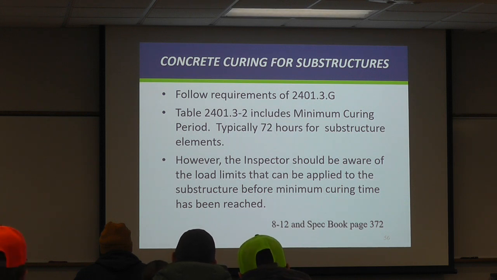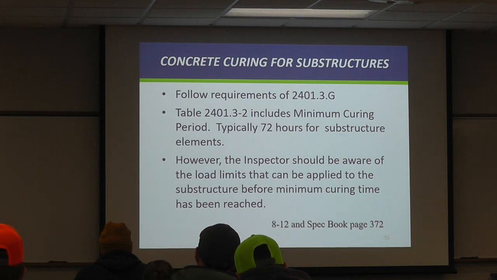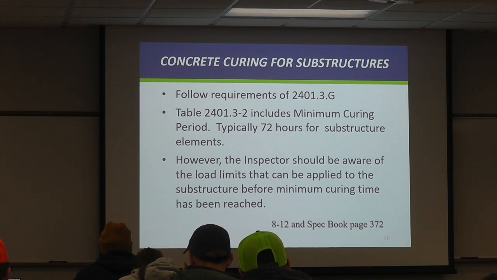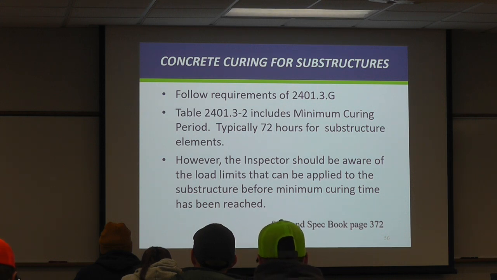We also, though, need to be aware of the load limits that can be applied to the substructure before minimum curing time has been reached. And so, for instance, actually that's for pulling the forms. Yeah, there's nothing really for substructure. Actually, let's see.